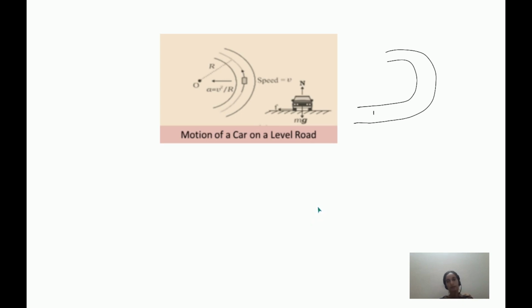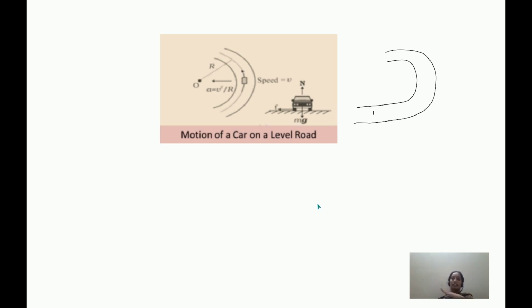Correct, that itself. So centripetal force is mv square by r. Centripetal acceleration is just v square by r. That's all we do here. This is the basic point that we consider in all motion along curved tracks.